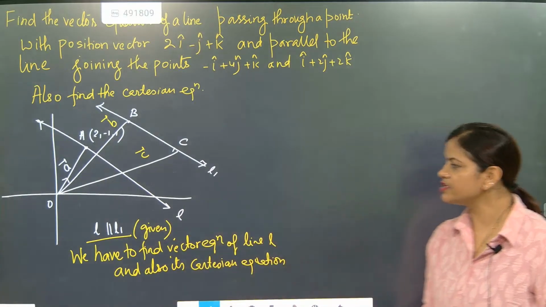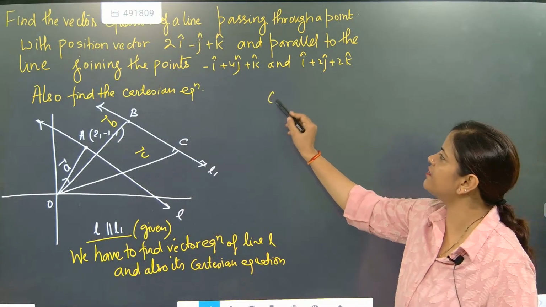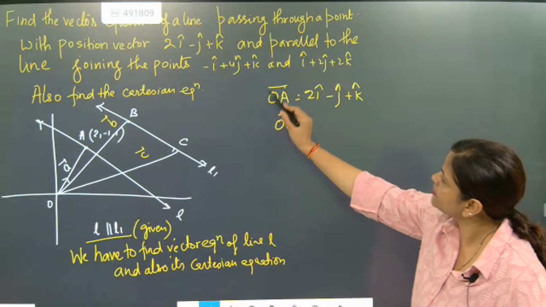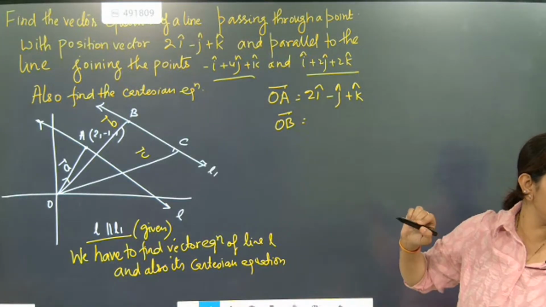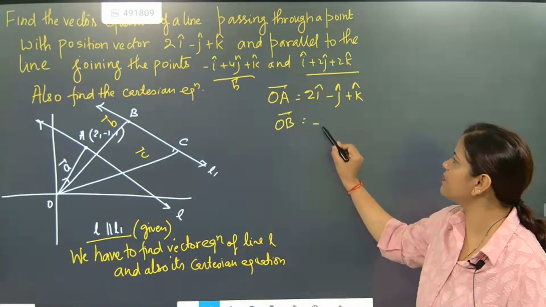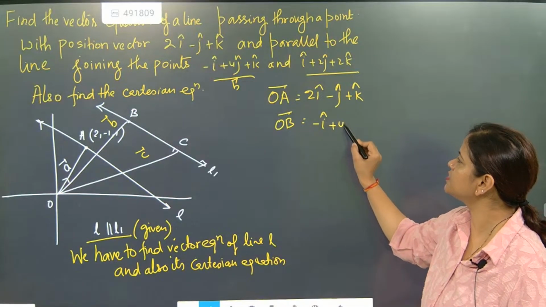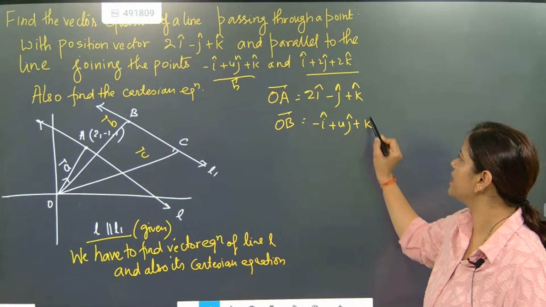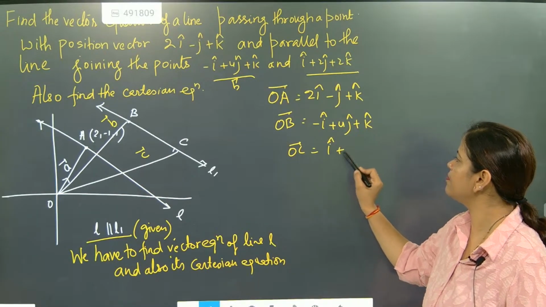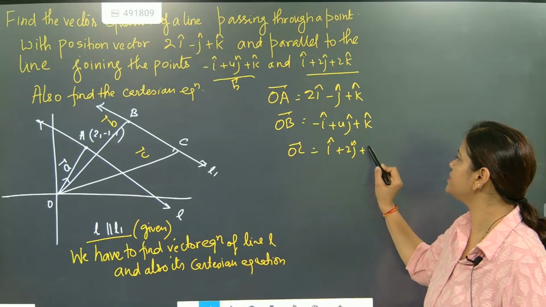Understood? So first, what is given? What is the position vector given? OB vector. These two points are there, so this will become B vector. B vector is written as minus i plus 4j plus k. And OC vector will be i plus 2j plus 2k, beta.